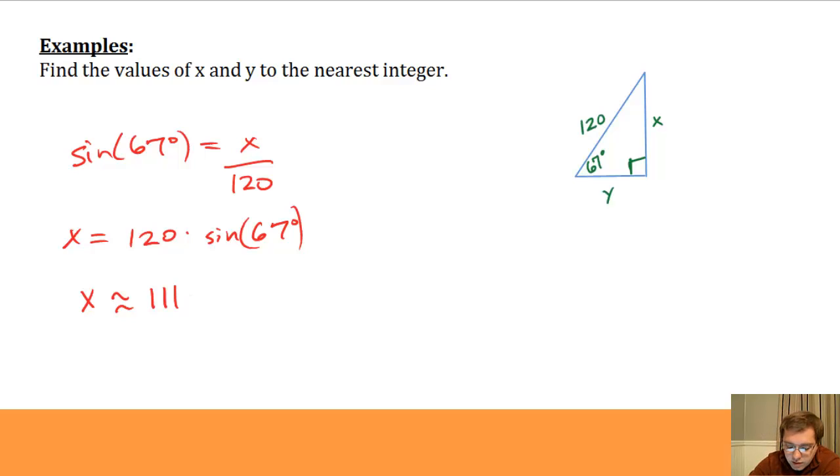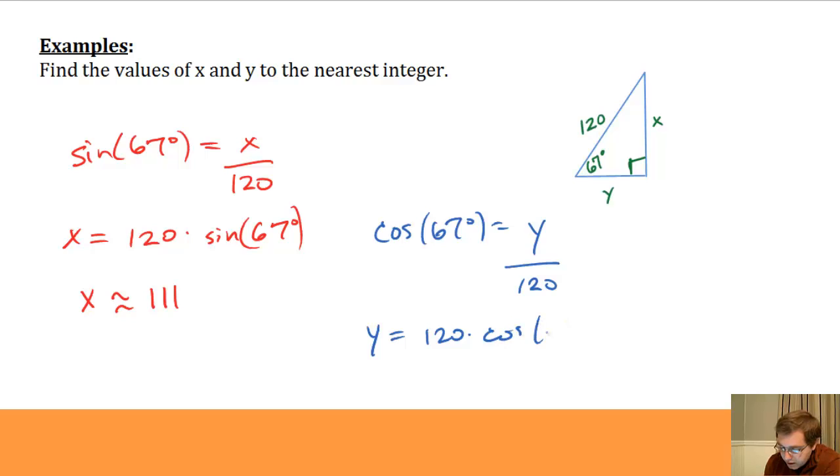And we're going to find y in the same way, except y is the leg adjacent to 67. So it's going to require using the cosine. The cosine of 67 degrees is the leg adjacent to it, which is y, divided by the hypotenuse, which is 120. So y is 120 times the cosine of 67 degrees if I just multiply both sides by 120.